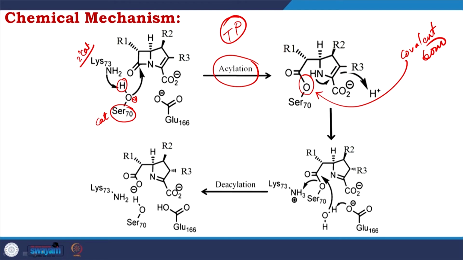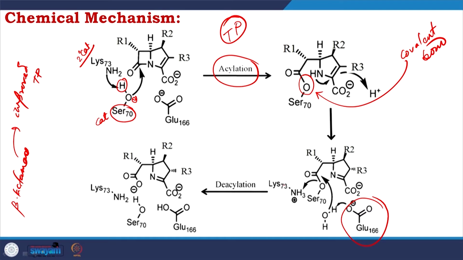Now, beta-lactamase is an improved transpeptidase. So, it has a second step. It contains a residue called glutamate, where the O minus attacks and takes the proton of a catalytic water molecule, which attacks and breaks the bond.